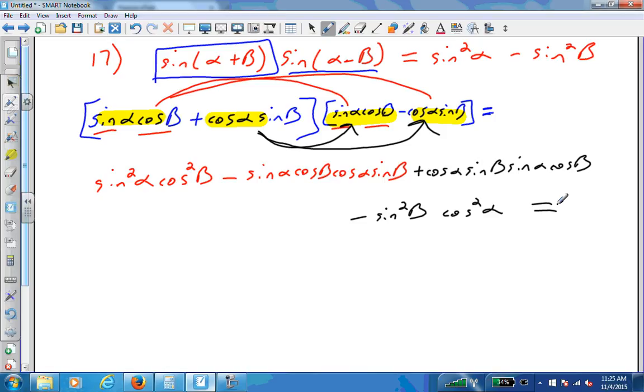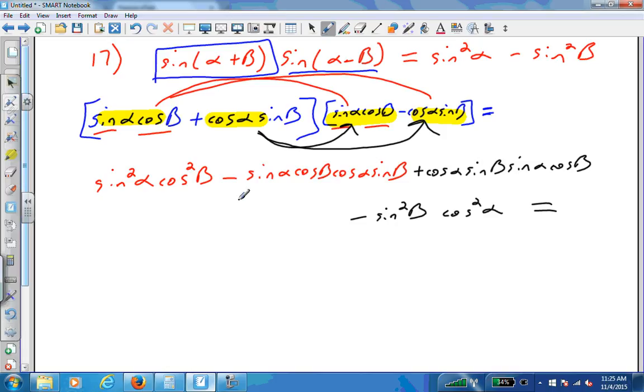multiplied common factors together. What do you notice about the two middle terms? They cancel out. They're opposites. Now, as they're written, they don't look exactly the same, but they are. If we change the order, we have sine alpha in both, times the cosine beta times the cosine alpha times the sine beta. We have 1 here minus 1 here.